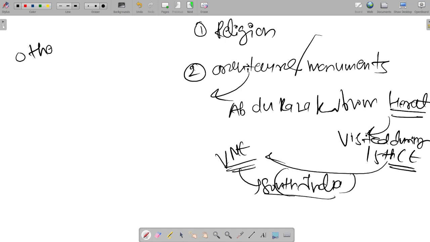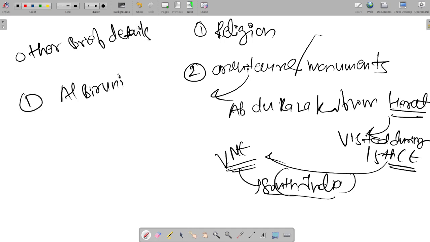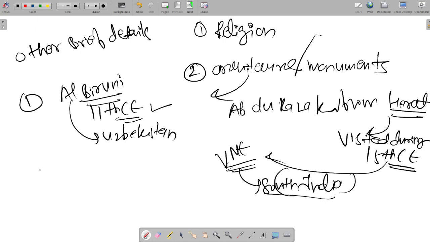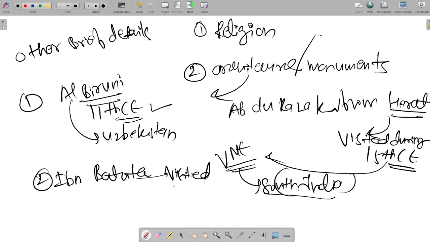Another brief detail of some travelers: Al-Biruni visited during the 11th century Common Era and was from Uzbekistan. Another traveler, Ibn Battuta, visited during the 14th century Common Era from Morocco.